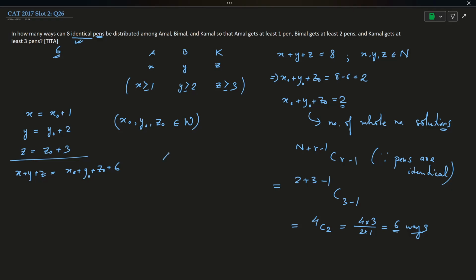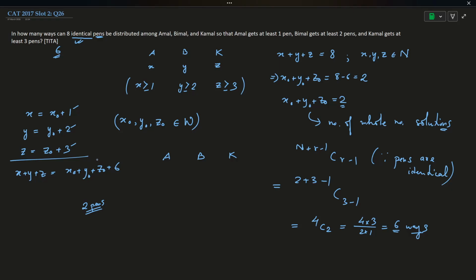You can also check this by manually doing the calculation. Since it is mandatory, right guys, to give at least 1, at least 2 and at least 3 to A, B and K respectively, you are left with 2 pens. After giving these 6 pens you are left with 2 pens, and all the pens are identical.